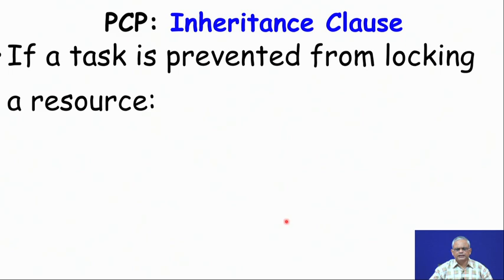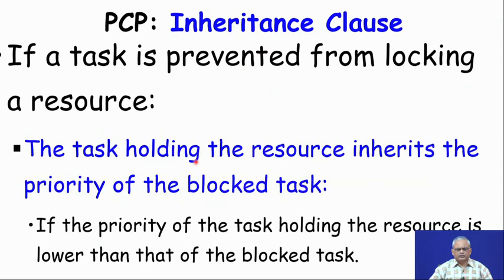Now, let us look at the inheritance clause. If a task is made to block, it is not granted the resource, then the task holding that resource inherits the priority of the blocked task. Let me repeat again.